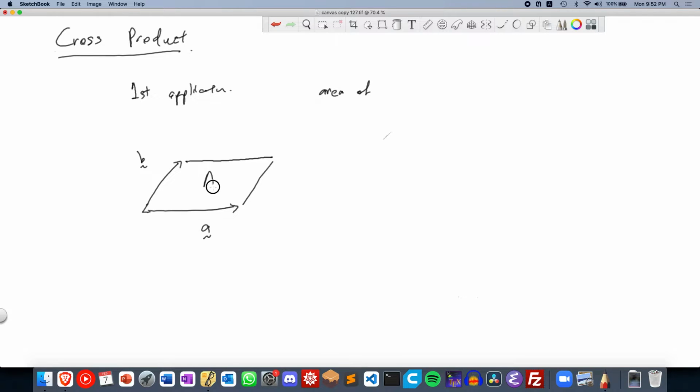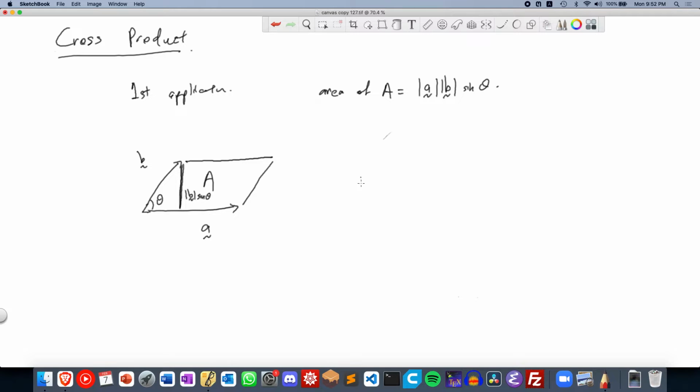Let's call the parallelogram A. The area of A is just going to be the length of A times the length of B sine theta. And why is that so? It's because it's actually just base times height. This is the height of the parallelogram, which is B sine theta, where theta is the angle between A and B. Since the height is this, it's just base times height.